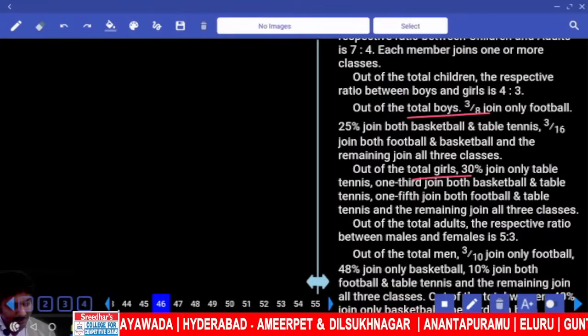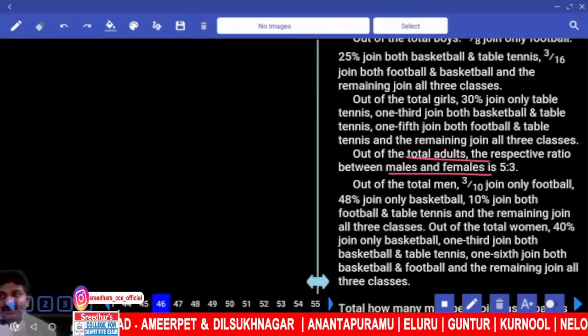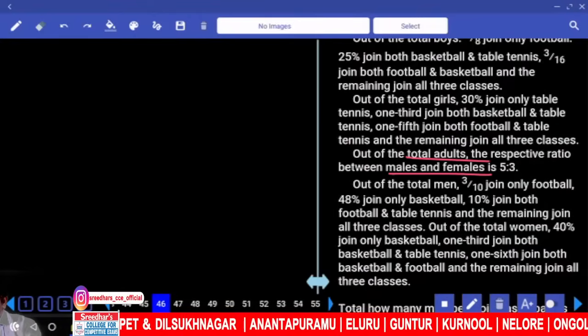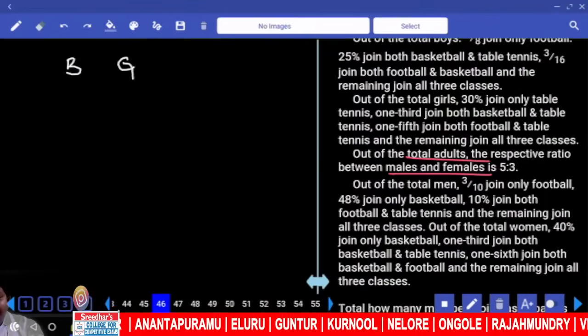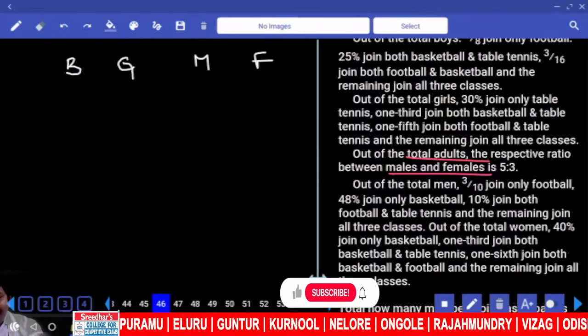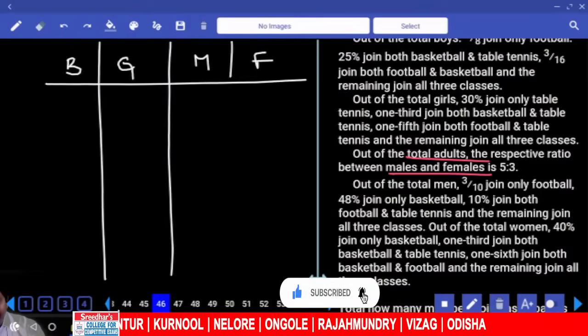Look at the other table. Adult, male to female ratio 5:3. So you are going to have boys, girls, men, women. These are the values we are going to have.